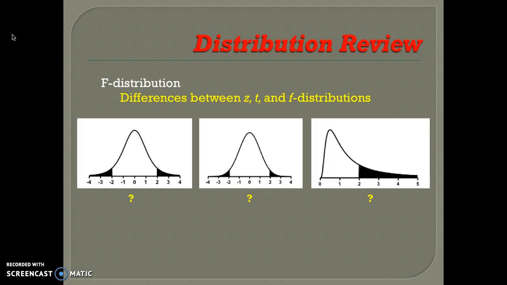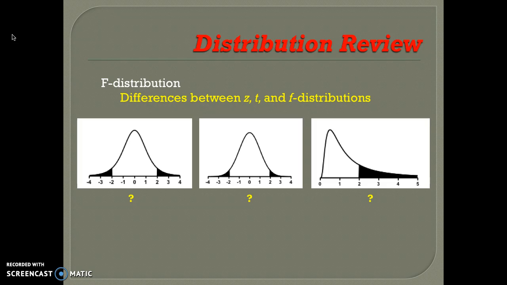Alright, we're back. So let's take a look at these one by one here. The distribution all the way on the left looks pretty similar to the one that's in the middle. So how do we tell them apart? Well, the key here is to look at how much space is actually in the tails.